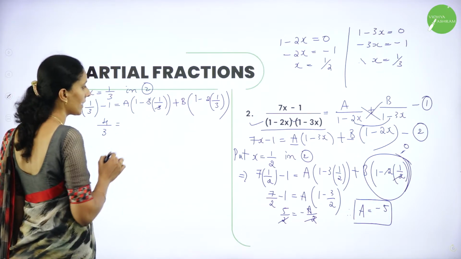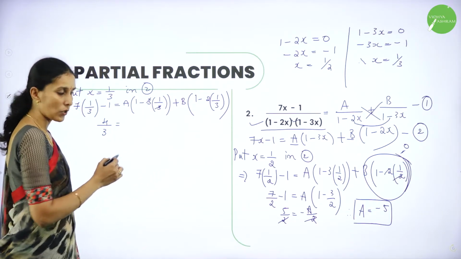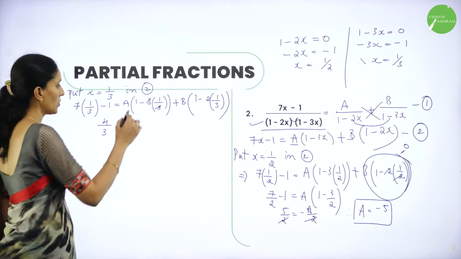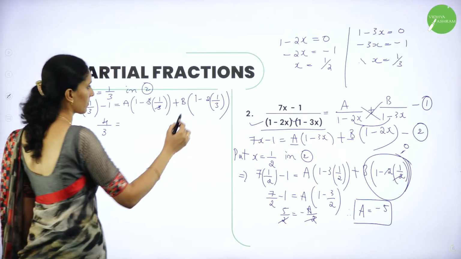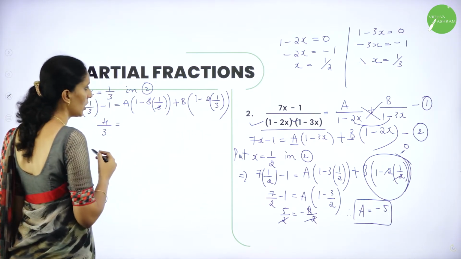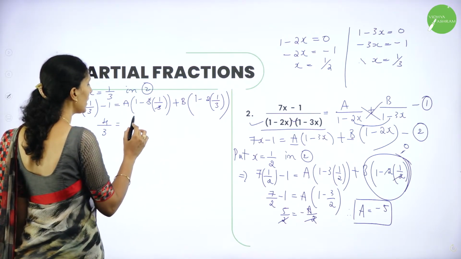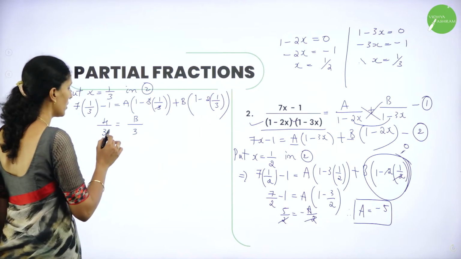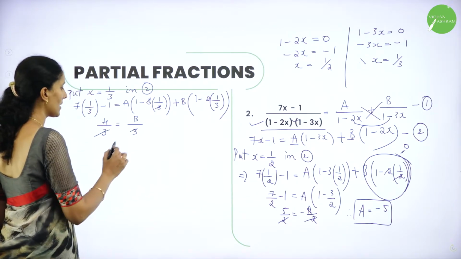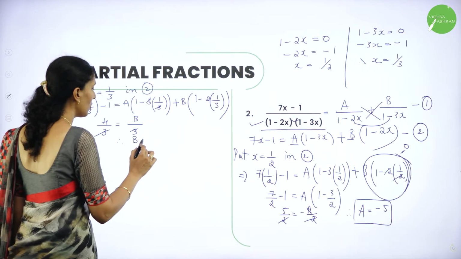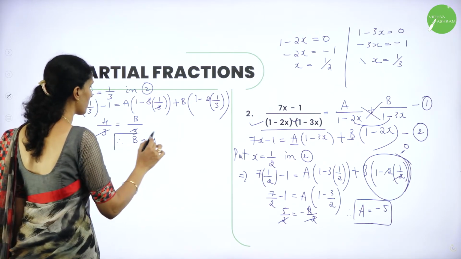Here 3 gets cancelled, 1 minus 1 is 0, 0 into a is 0. So you can leave this term. Here it is 2 by 3, which becomes 3 minus 2 by 3, which is b divided by 3. So 3 gets cancelled. So therefore, the value of b is 4.